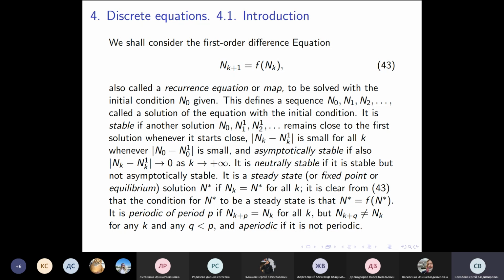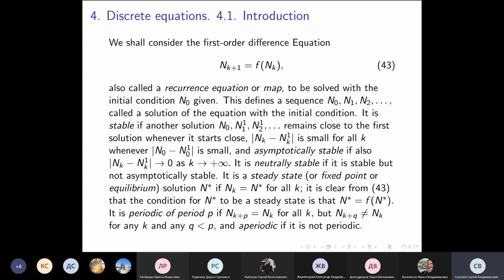For example, in March there is no insects, and then all of them appear in April, or maybe in May. So it is absolutely different situation. We cannot consider our differential equations at all. So far, we have to consider the recurrence equations, and we'll see what happened in this situation.